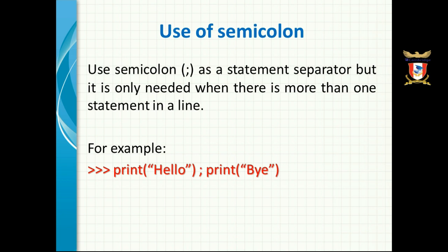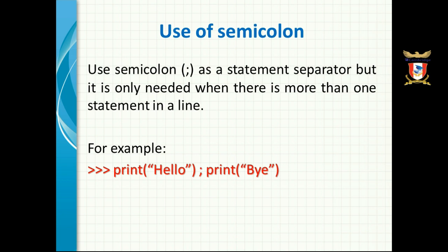If you want to show that this one is the end of this statement, then you have to put a semicolon symbol at the end of that statement. But in Python, when you complete a line and press enter and move to another line, that is automatically considered the end of the statement. That means there is no need to use semicolon in Python to terminate a statement.